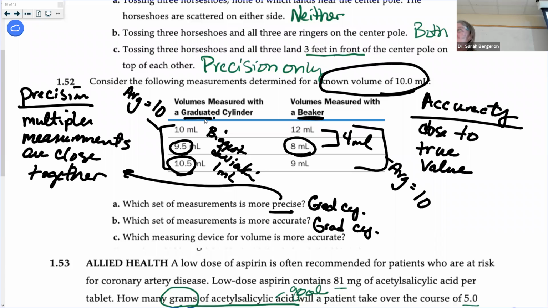The beaker's really not great. The graduated cylinder is, okay? So which measuring device for volume is more accurate? Graduated cylinder, right? Everybody wants a graduated cylinder. Just don't drop them, right?